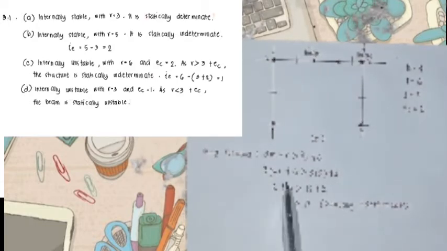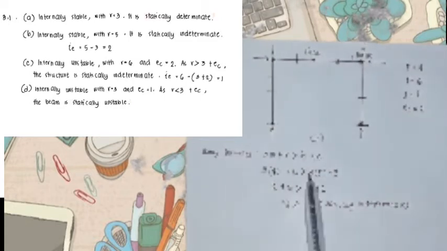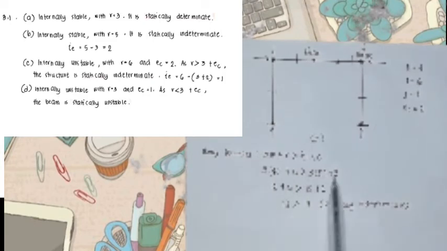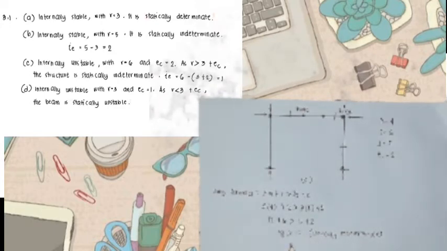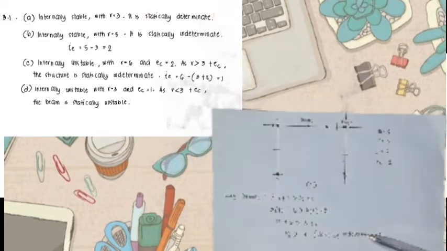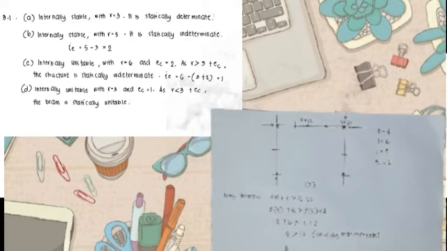So 3 times 4 is 12 plus 6 is equal to 18, greater than 3 times 5 is 15 plus 2, 17. So in figure letter C, 18 greater than 17. So this structure is statically indeterminate.